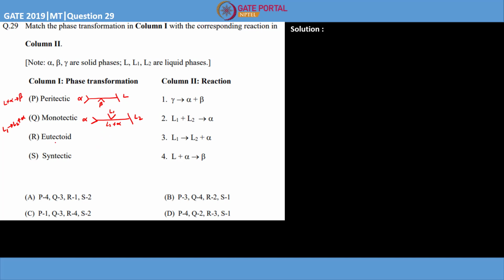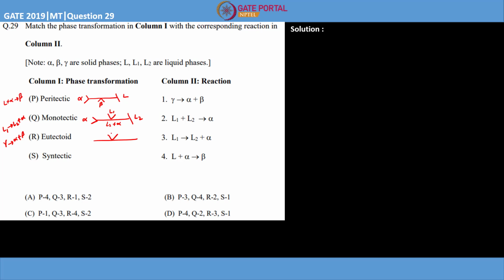Coming to the eutectoid reaction, the eutectoid reaction is nothing but a solid, let's say represented by gamma, converting into two different solids, alpha plus beta. So gamma, which is a solid phase, will be converting into two different types of solid phases, alpha and beta. If you want to represent it, you can say this is the transformation temperature line.